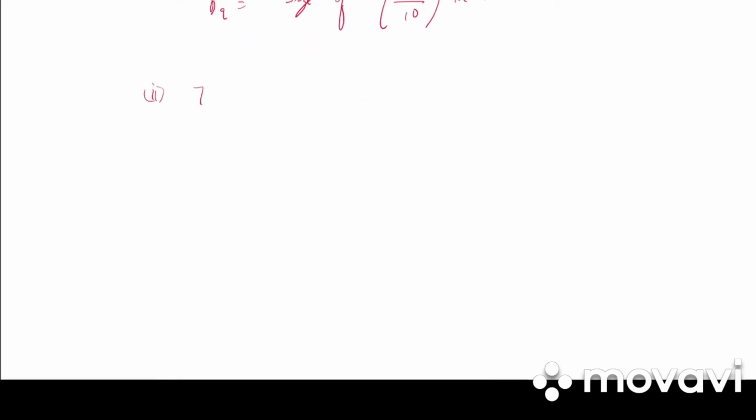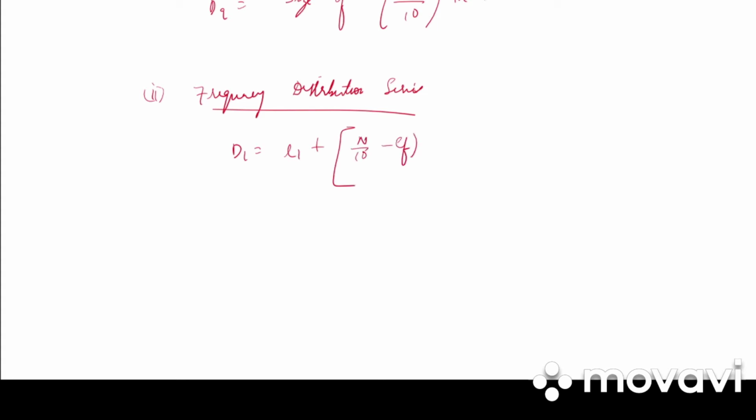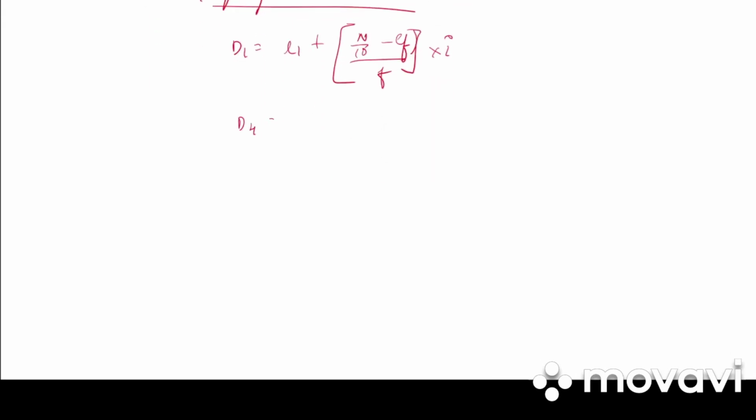Write down the second one, frequency distribution series. Under that, D1 is equal to L1 plus (n by 10 minus Cf) divided by f into i. D4 is equal to L1 plus (4 into n by 10 minus Cf) divided by f into i.